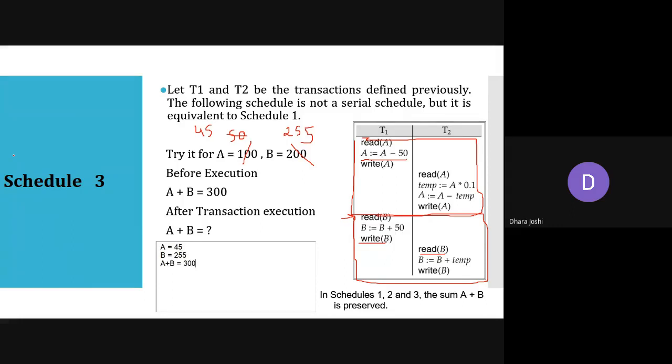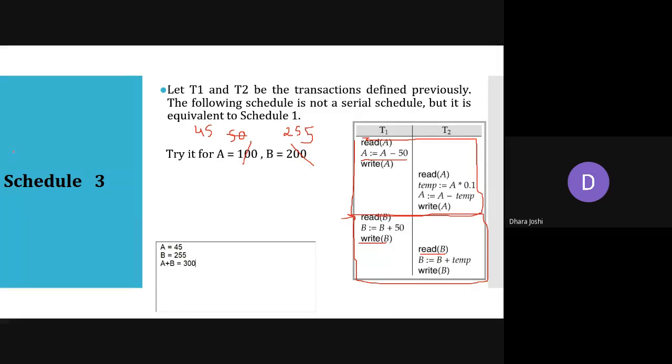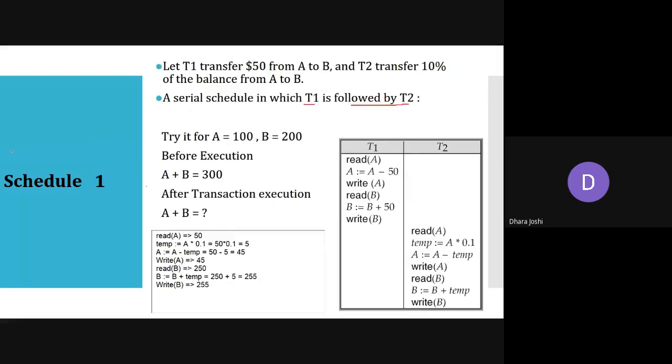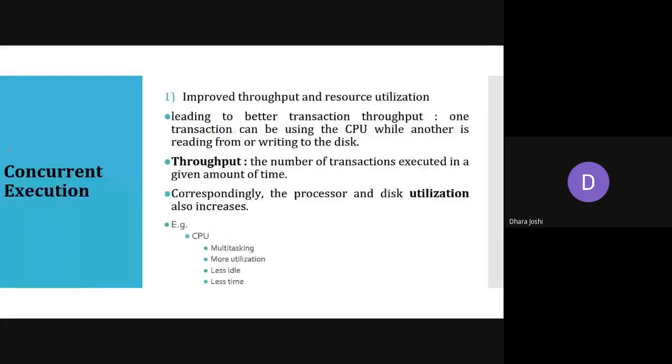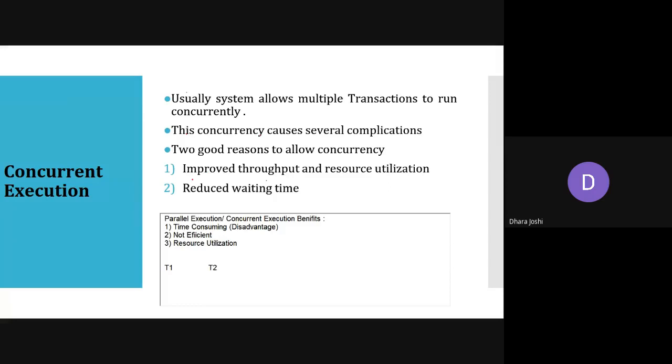Okay, so I want to conclude this session. What we have covered in today's session: why we require concurrent execution. Because if you are doing serial execution, it will not cause any kind of difficulty. But we require concurrent execution because of two reasons. It will reduce the waiting time and it will improve throughput as well as resource utilization. Overall, we can say it will improve the efficiency.